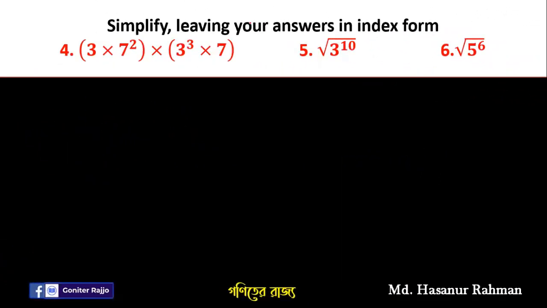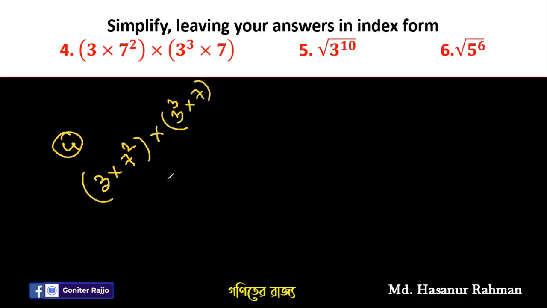Next, number 4. Number 4 says 3 multiplied by 7 square multiplied by 3 cube multiplied by 7. So how can you solve this problem? At first, we have to omit the brackets.